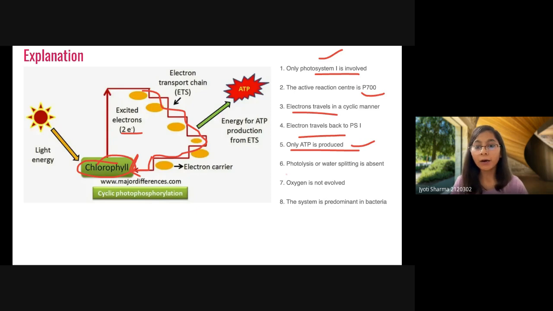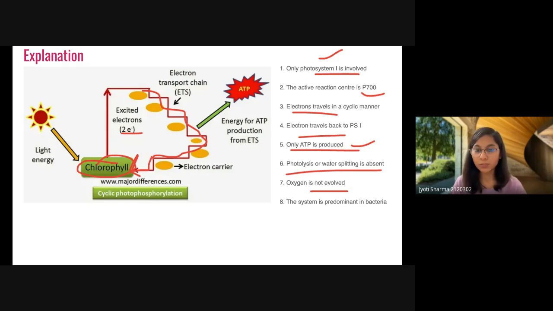Then photolysis or water splitting is absent, because whenever there is the water splitting, that will release the electron. But if we are using one electron always, it means there is no splitting of water. Oxygen is also not involved. If we are not splitting the water, then from where will this oxygen come?